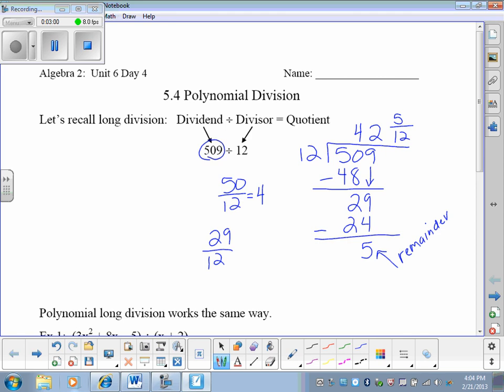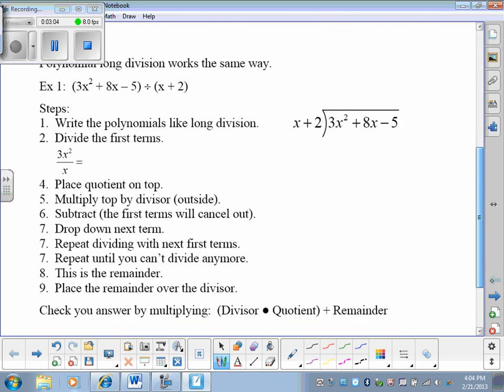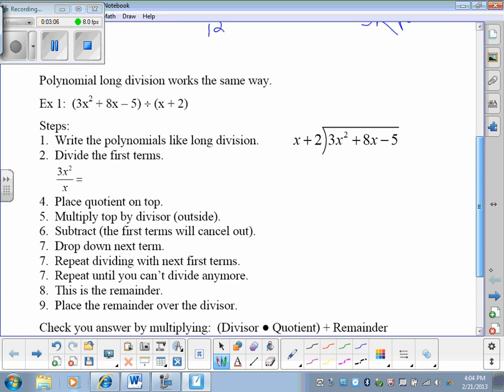Okay, we're going to use the exact same method to use long division in polynomials. I did give you all the steps here on the left, so if you ever get lost, you can go back and reread them. But it's the same exact idea. There is one glitch to this.